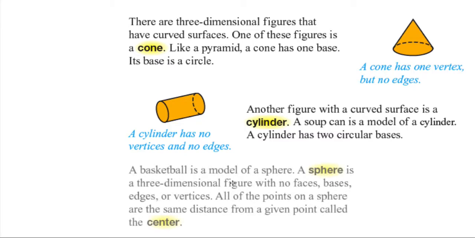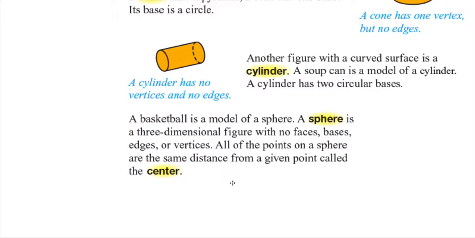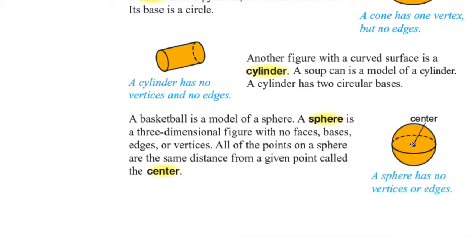Okay. Last definition will be a sphere. A basketball is a model of a sphere. It's a three-dimensional figure with no faces, no bases, no edges or vertices. All the points on the sphere are the same distance from a given point called a center. So just like a basketball, this is a sphere. It has a center wherein all the points are equidistant from the center.